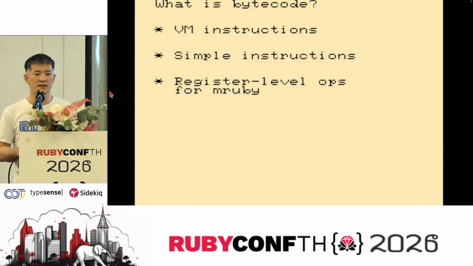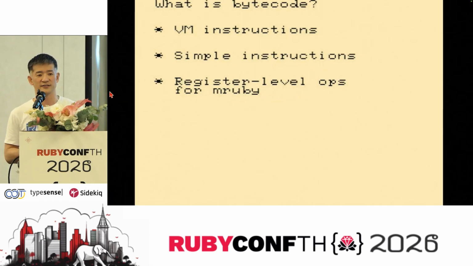I'm not going to go into the details, but CRuby's VM is a stack machine, and mruby's VM is a register machine. As a result, a lot of operations on mruby bytecode are about registers. If you're not aware, registers are tiny memory locations in a physical processor that are very fast and built into the processor.